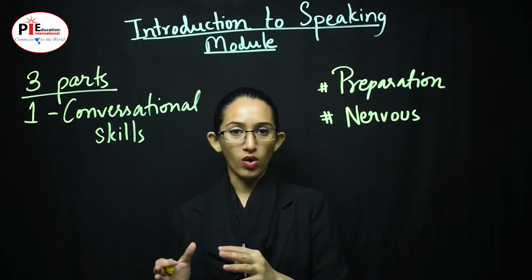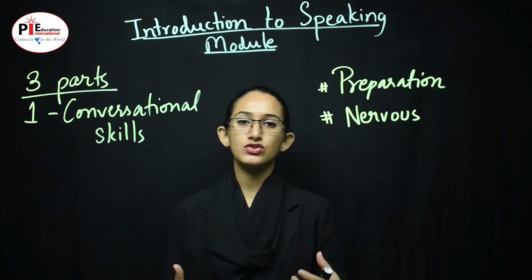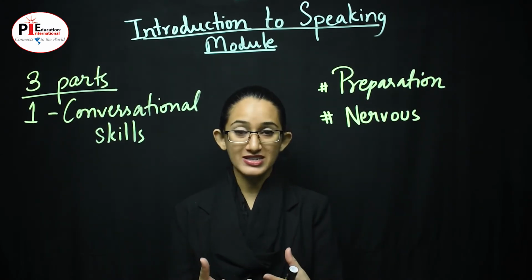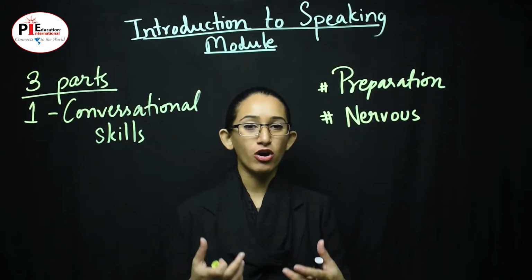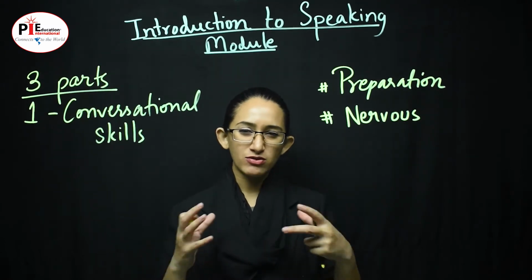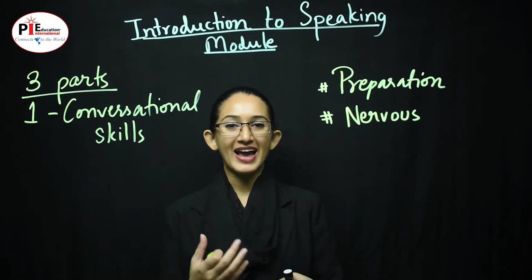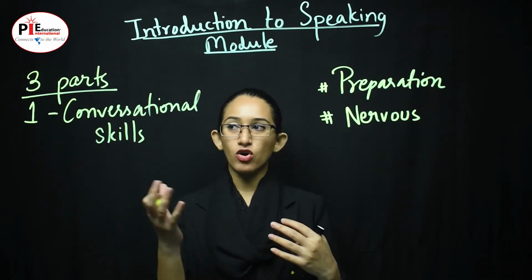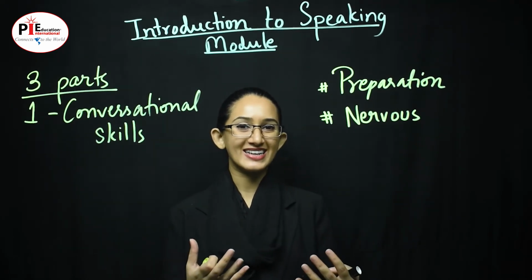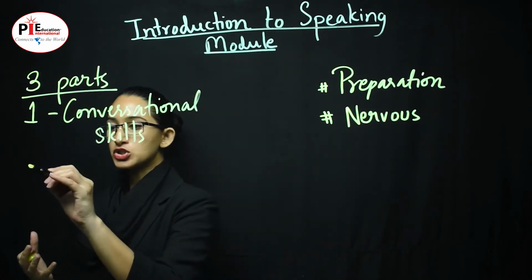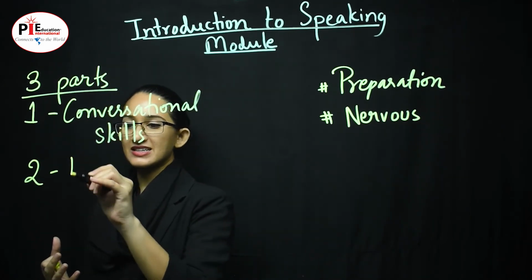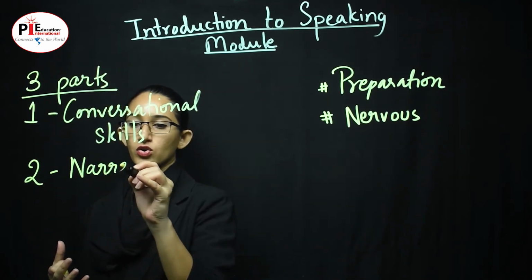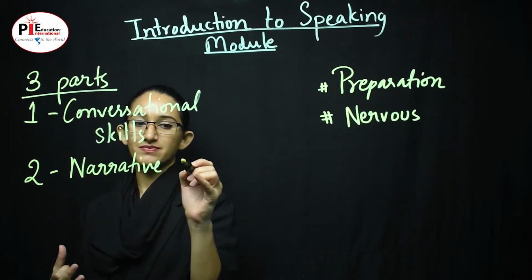So in part 1, the examiner asks you questions based on yourself, your background, your job, your hobbies, etc. General questions just about you. And they test your ability to communicate in a conversation with someone in English. Part 2 of the speaking test tests what we call your narrative skills.